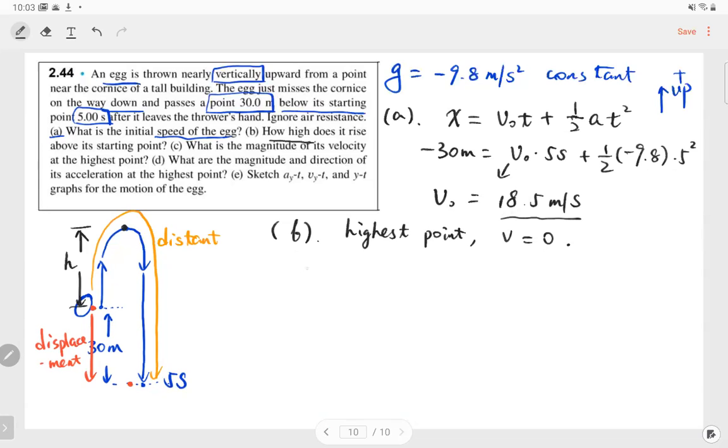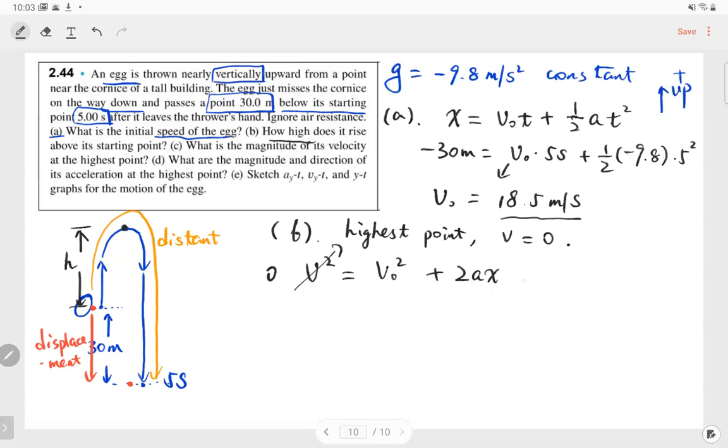Without time, that will be the equation v squared equals the initial velocity squared plus 2ax. Okay, so the initial velocity is 0, so drop this one. Oh, hold on. No. The final velocity is 0. So this is 0.